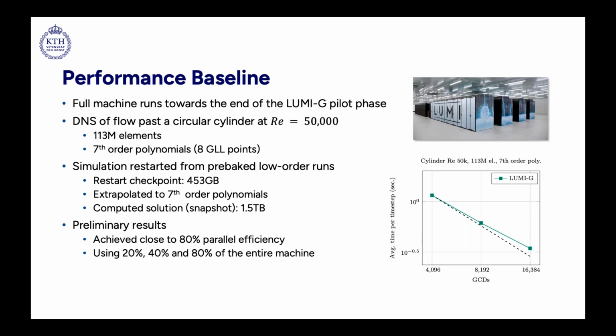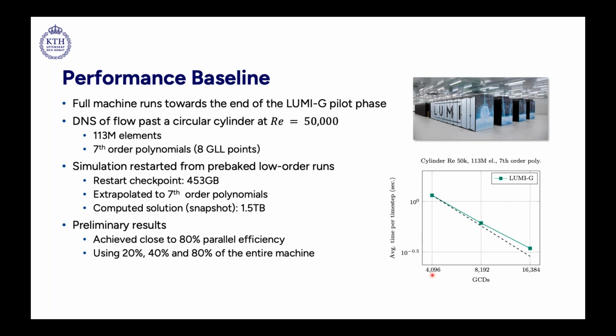But more interesting, the performance from that when we ran the numbers was that during that time, we managed to get 80% parallel efficiency, going from 20, 40 to 80% of the entire machine, as you see on the plot to the right. So just to be perfectly clear, this is what is called strong scaling. So we keep the problem size fixed.